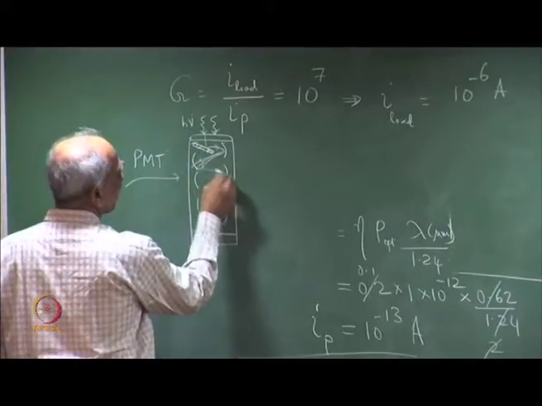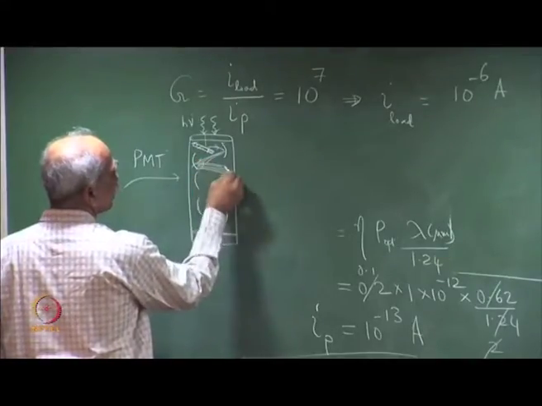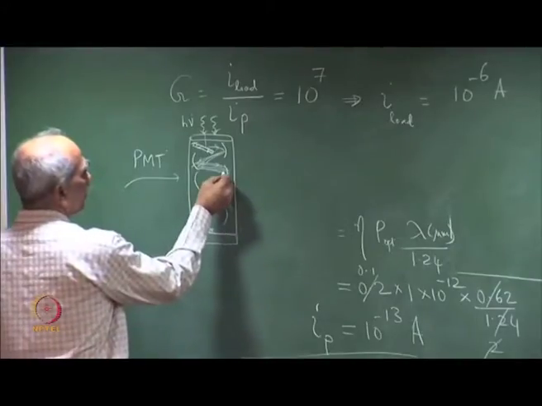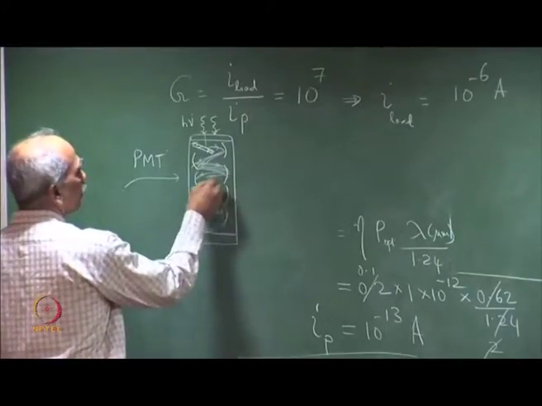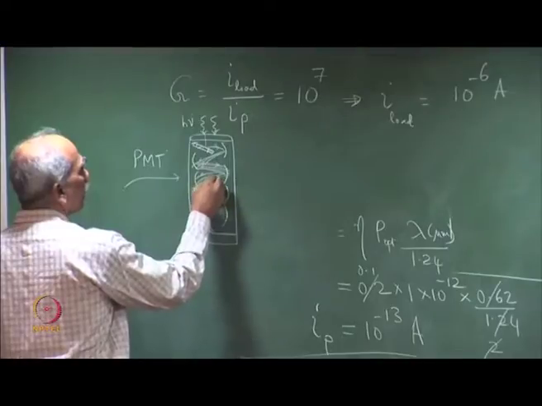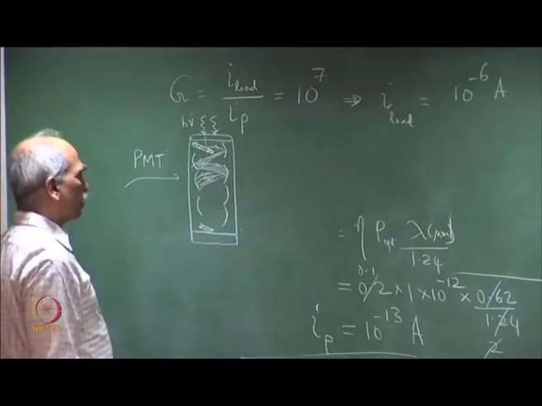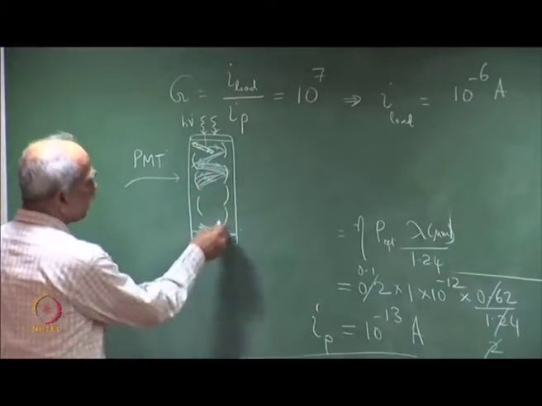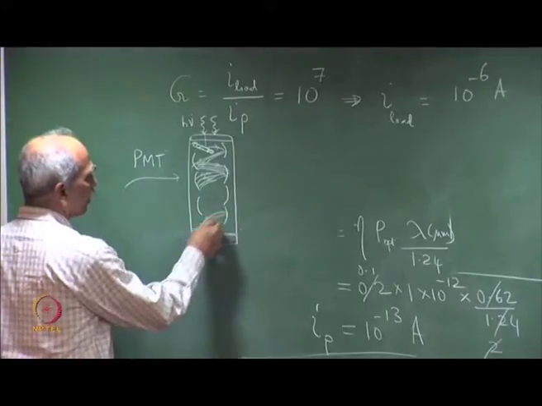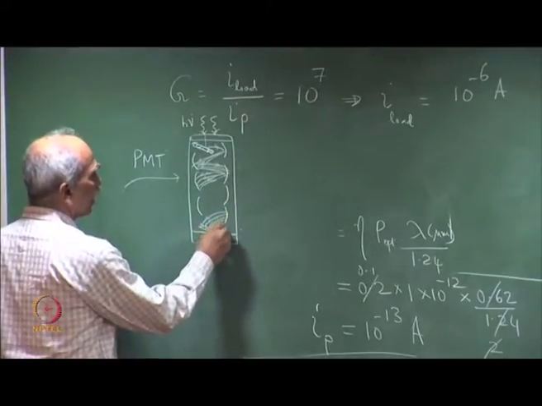From here it gets further multiplied to the next dynode, and from there it is further multiplied to the next. So we have an avalanche of electrons coming, and finally the last avalanche of electrons reaches the anode.